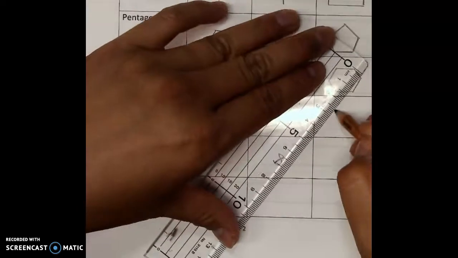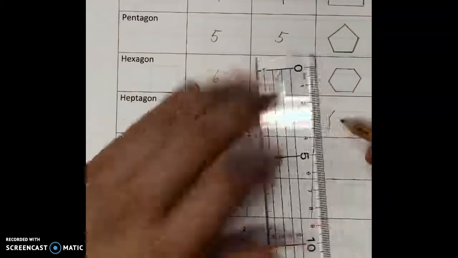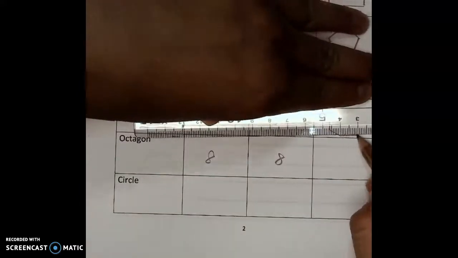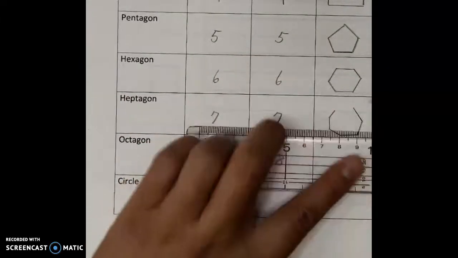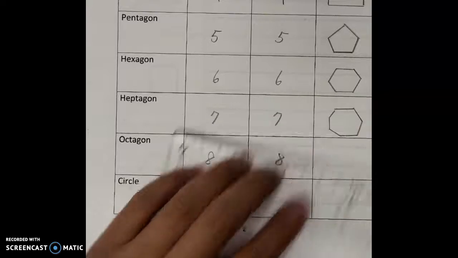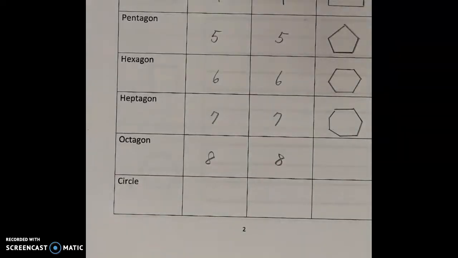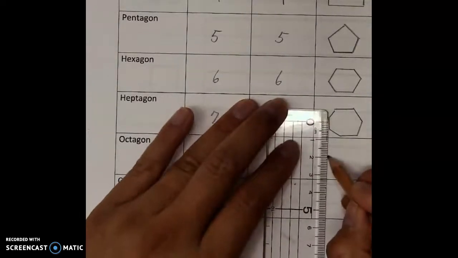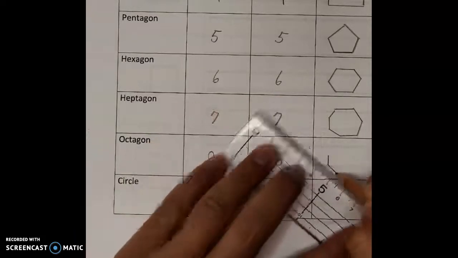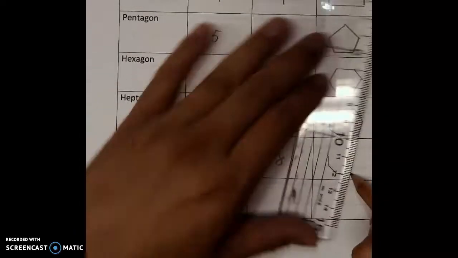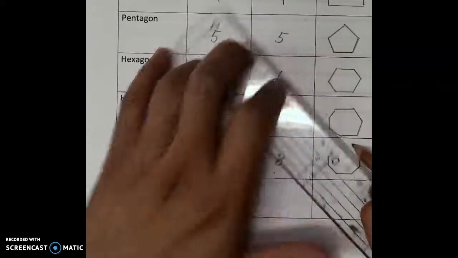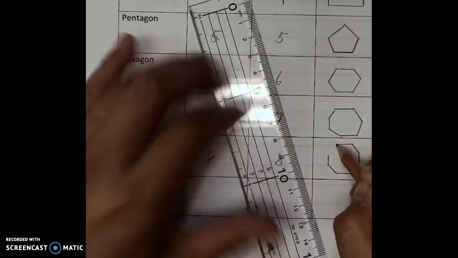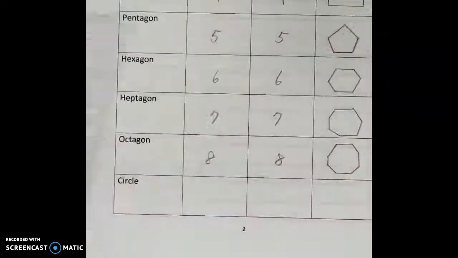Okay. 1, 2, 3, 4, 5, 6, 7. Something like that is okay. Octagon, 8 sides. 1, 2, 3, 4, 5, 6, 7, 8.